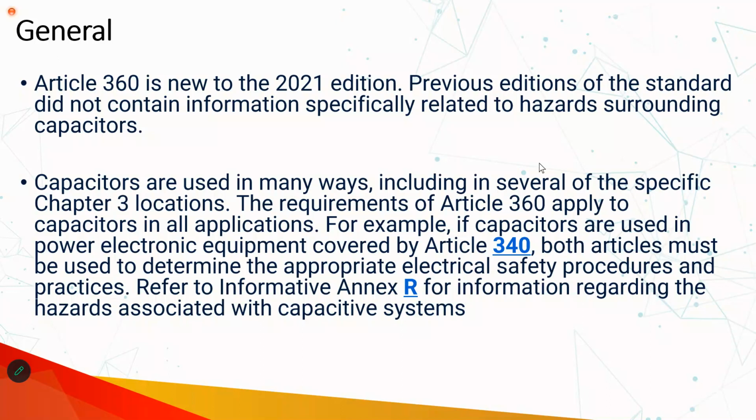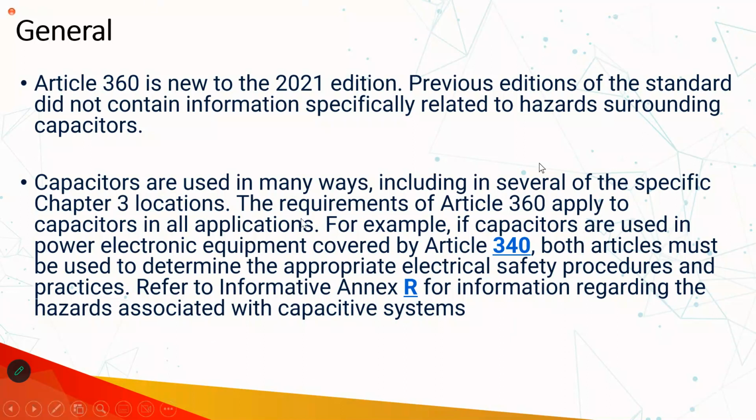So it's necessary that we have a proper strategy for de-energizing those capacitors, and we should take into consideration how those capacitors will be discharged before starting any work there.